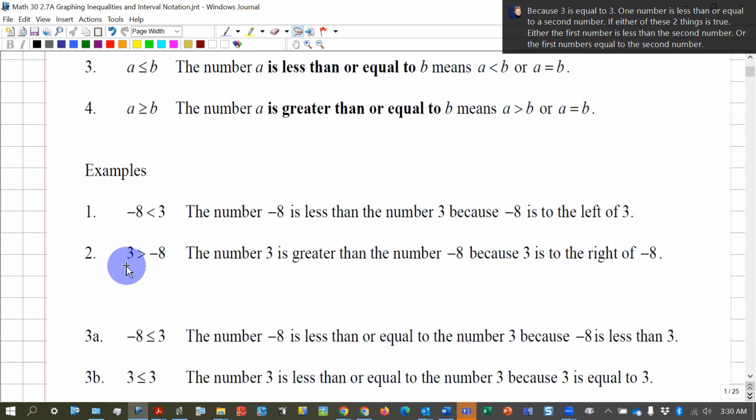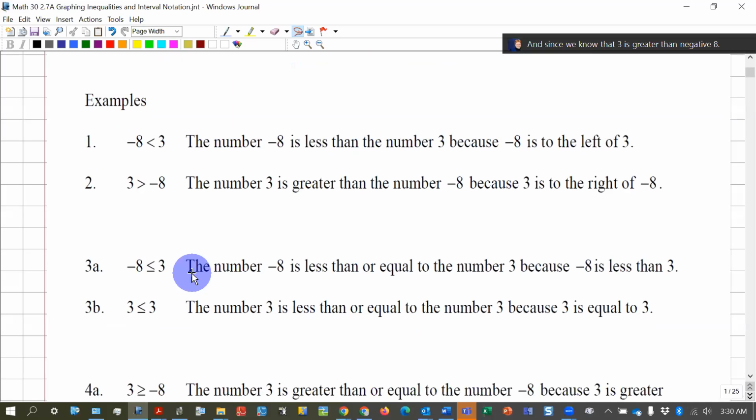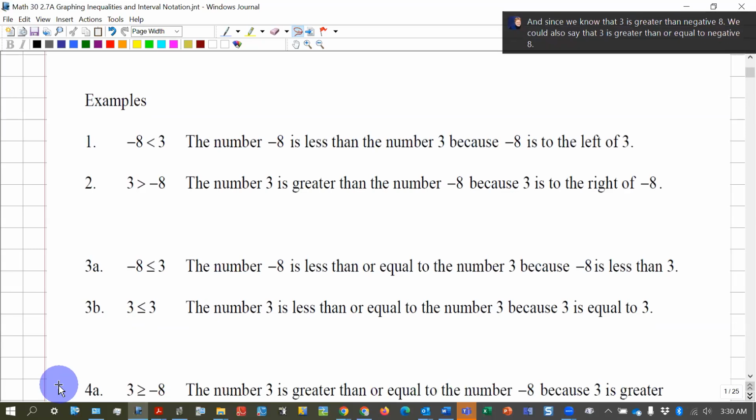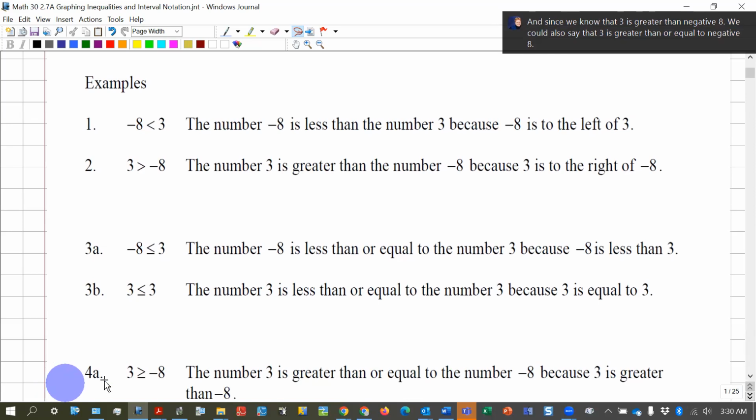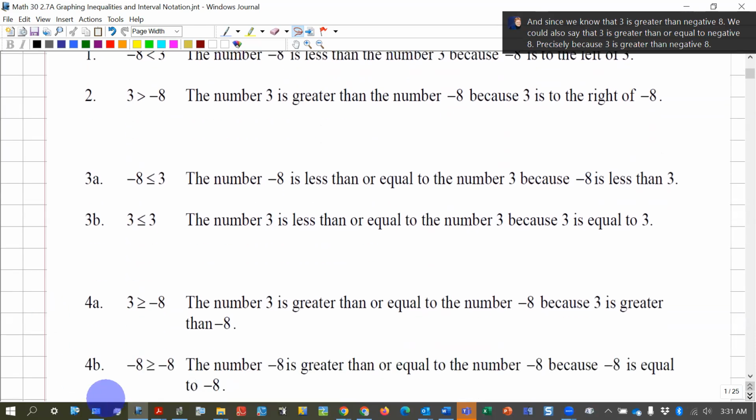And since we know that 3 is greater than -8, we could also say that 3 is greater than or equal to -8, precisely because 3 is greater than -8. And we could also say that -8 is greater than or equal to -8 because -8 is -8.